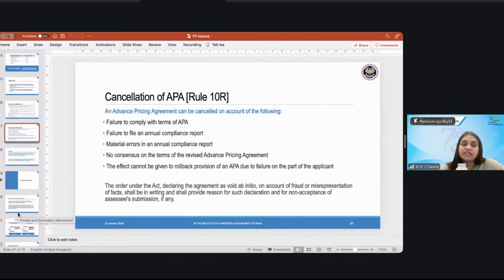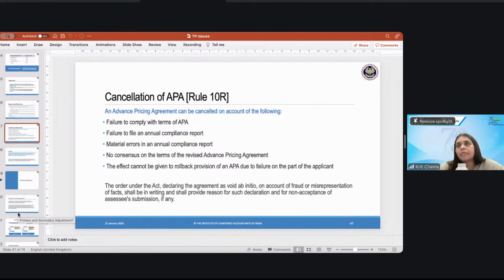Can the APA be cancelled? Well, very well, yes. If there is failure to comply with the terms of the APA. There are compliances that have to be undertaken for an APA also. There are specific forms that you have to file there. This is called the ACR, the Annual Compliance Report. If there is a failure to file the annual compliance report by the taxpayer, or there are material errors, then the APA can be cancelled.